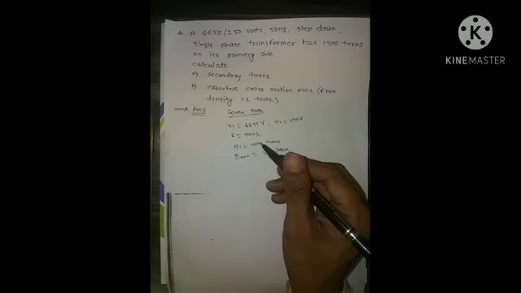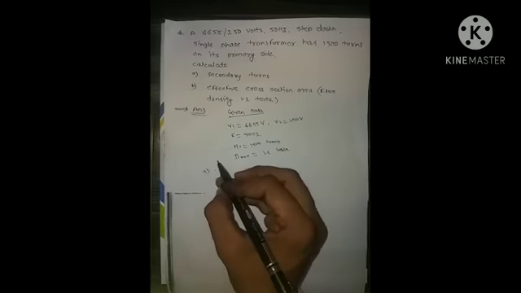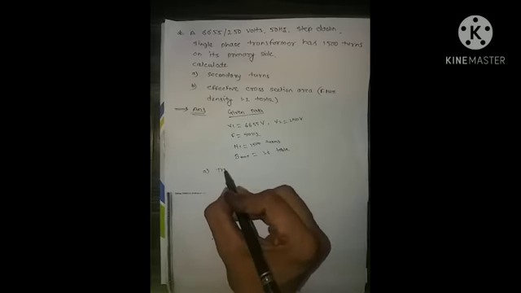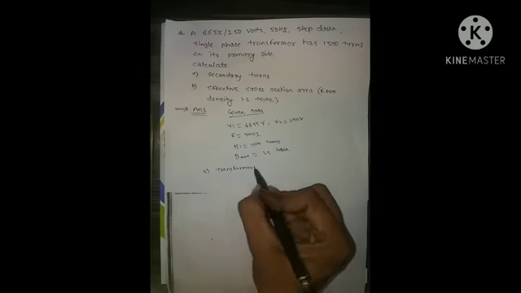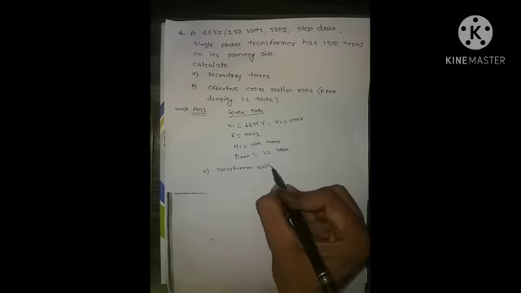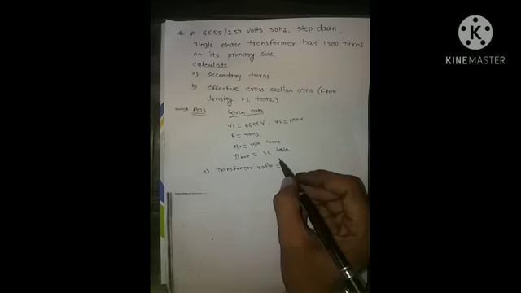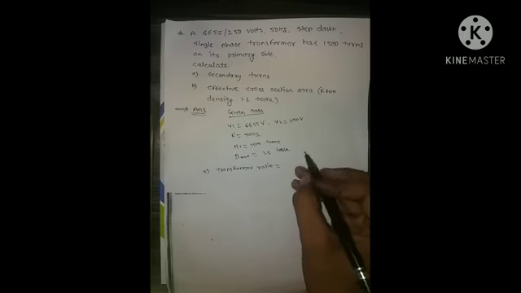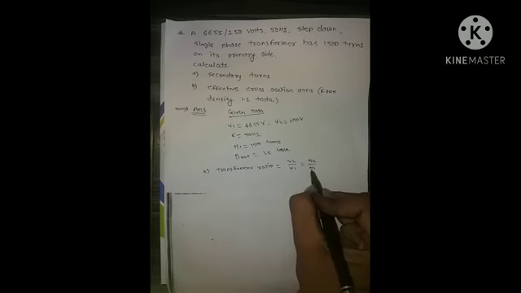By using this given data, we first find the transformer ratio. The formula for transformer ratio is V2 upon V1 equals N2 upon N1.